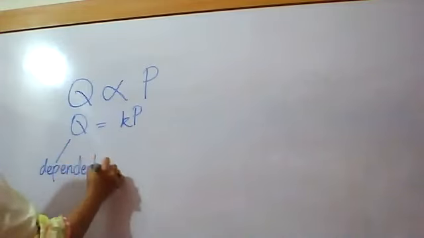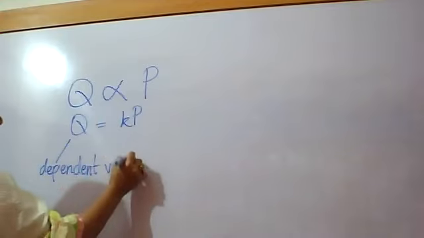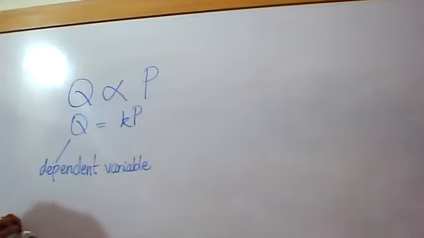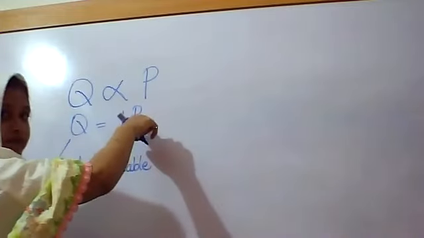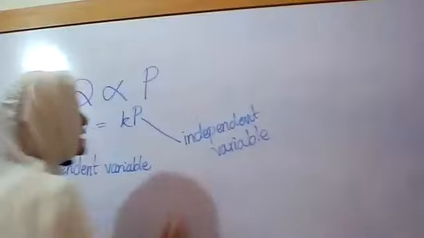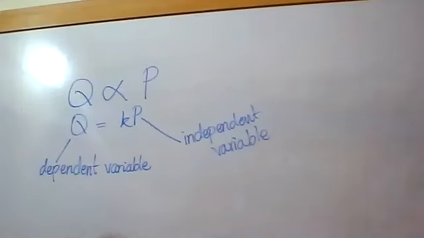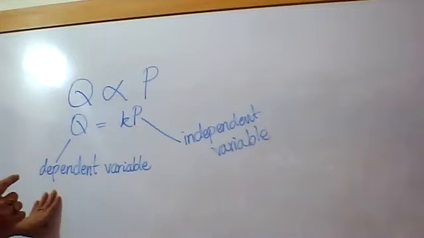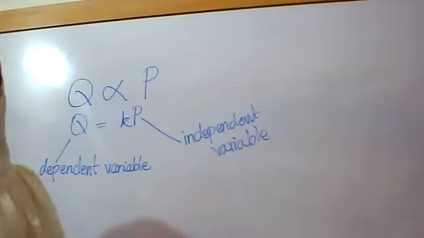Dependent variable. And the number of pencils is the independent variable. Now class, when you come to graphs, you know why it is important to learn what a dependent variable and an independent variable are?